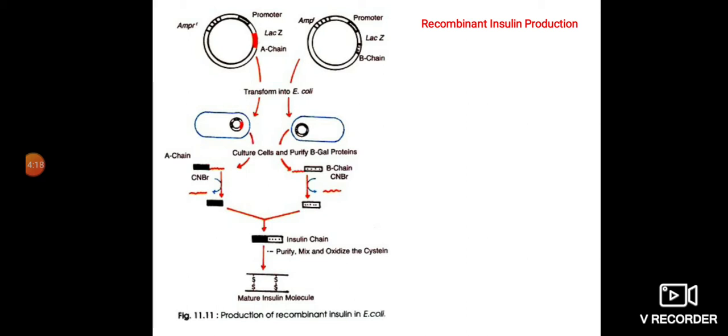This CNBr can specifically, as we know, cleave at particular amino acids, so it can be used to cleave that. Then the A chain and B chain, which are obtained separately, are mixed together and oxidized with the cysteine, and made to produce the disulfide linkages between them, intra and inter, and then they obtain the mature insulin molecule.